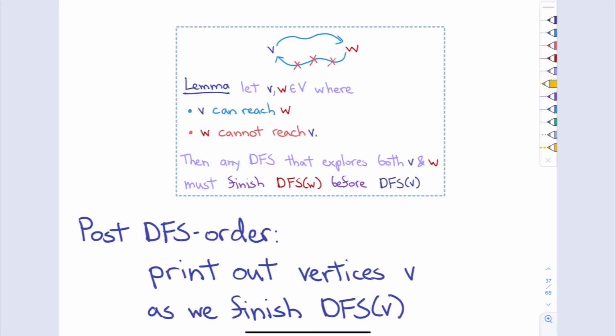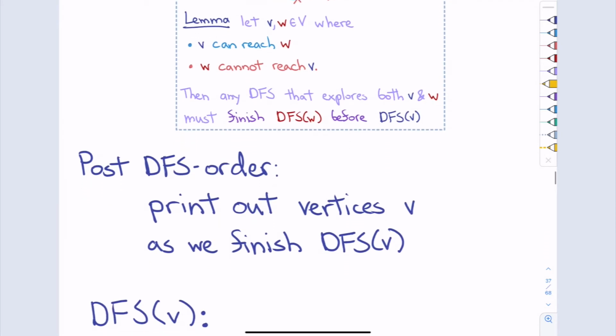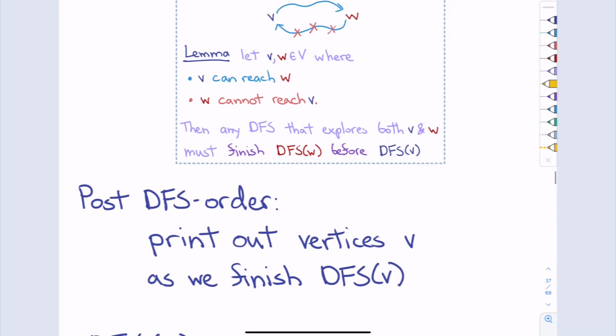Every time V can reach W, but W cannot reach V, I know that I'm going to finish searching W before finishing searching V. That's one rule we have. Now, what are the implications? Suppose I print out those vertices as I exit the calls to DFS V. So let's look at the order in which the calls finish.